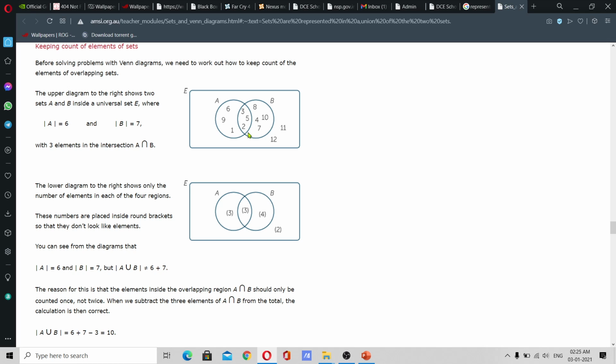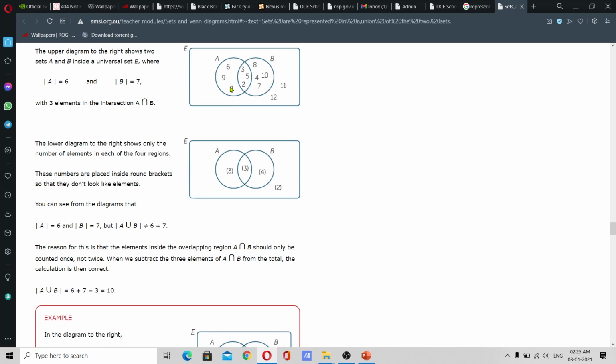No, we need not take them. So in that case, you need to take like this: 6, 9, 1, 2, 5, 3 and 8, 10, 7, 4, 2, 5, 3, and you will get 6 plus 7, and out of that if you deduct these three you will get the exact figure. So A union B is all the items of A plus all the items of B minus the number of items in the intersection. That was the equation which we have discussed now.